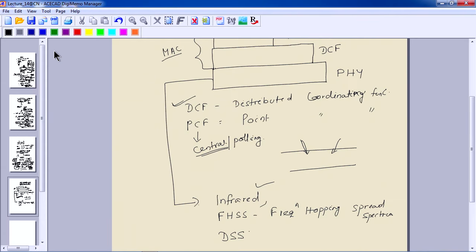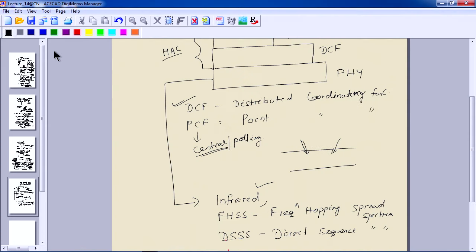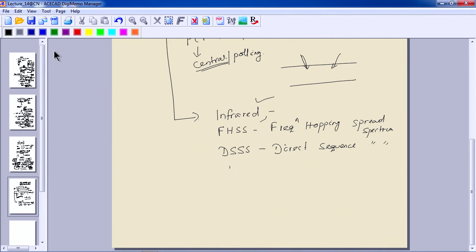Another is DSSS, direct sequence spread spectrum. These are all spread spectrums, meaning a series of spectrums or a channel bandwidth will be allocated for this communication. Another more important kind of communication strategy used is OFDM, orthogonal frequency division multiplexing.